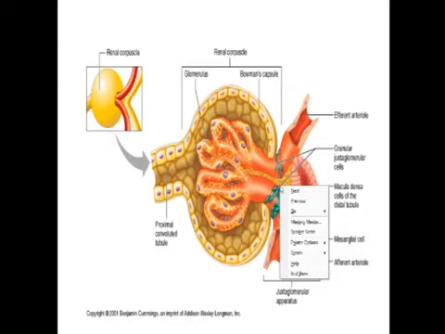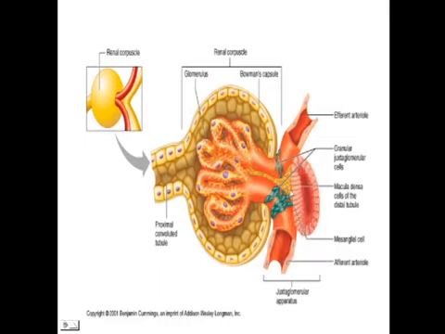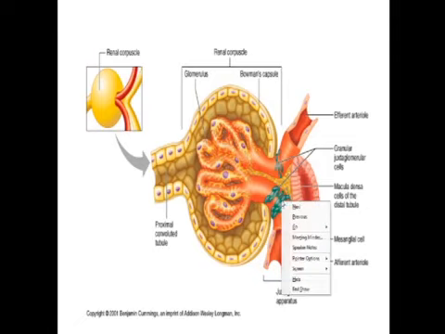Then extraglomerular mesangial cells. Extraglomerular mesangial cells, also called the Lacis cells, form a cushion of cells between the afferent and efferent arterioles of the renal corpuscle.